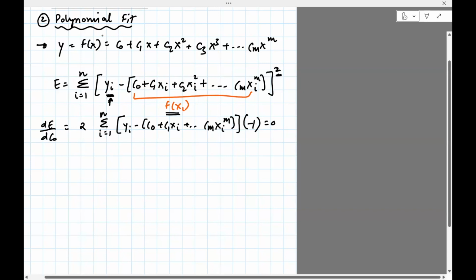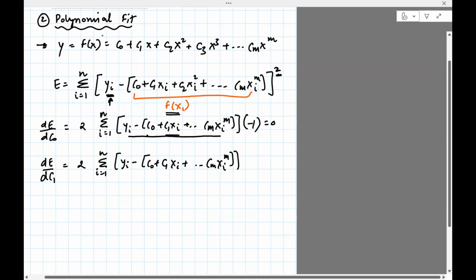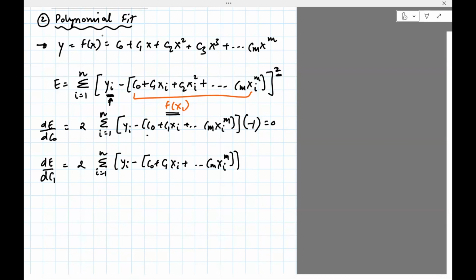So this equals 0. Then I do dE/dC1. Again, it'll be 2 times the summation i equals 1 through n of yi minus (C0 plus C1 xi plus so on till Cm xi^m). And then I need to take the derivative of this whole thing, essentially df(xi) with respect to dC1.